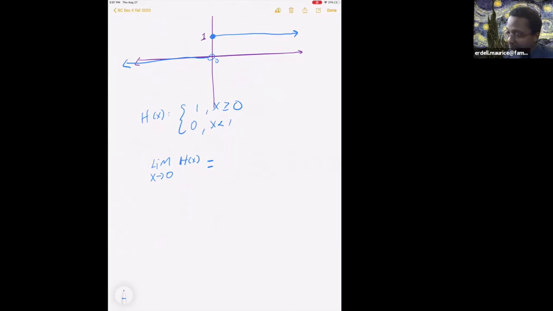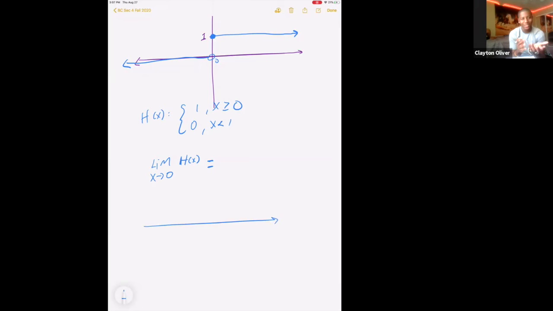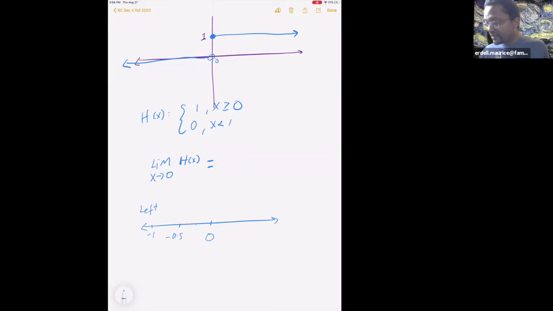So let's go back before we get to the answer. Let's go back old school. If I wanted to find the limit as x goes to 0, what that would mean is I would have a number line, and at the center of the number line, I would have 0. I would then go to the left. The next number over would be -1, and then if I keep walking, it'll be -0.5, then -0.1, right?